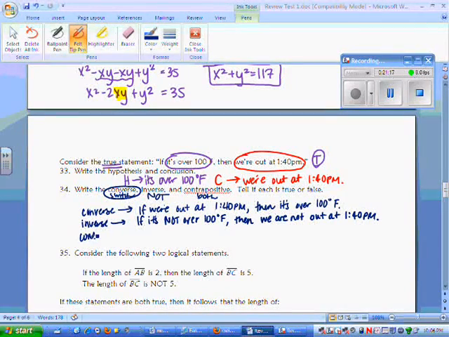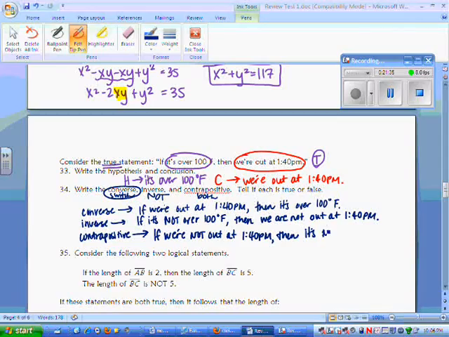And contrapositive, we're going to switch the statements and add the nots. If we're not out at 1:40, then it's not 100 degrees Fahrenheit.